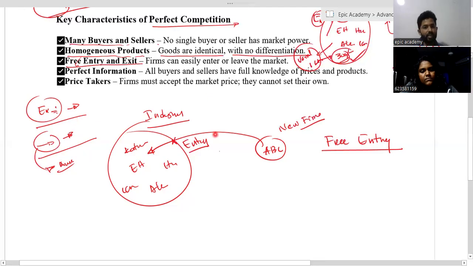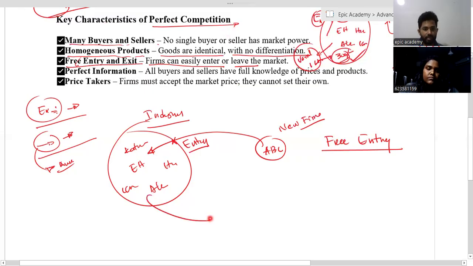If there are no barriers, it must be free entry. In this perfect competitive market structure, there are no barriers. A firm can easily enter the industry or market and leave.